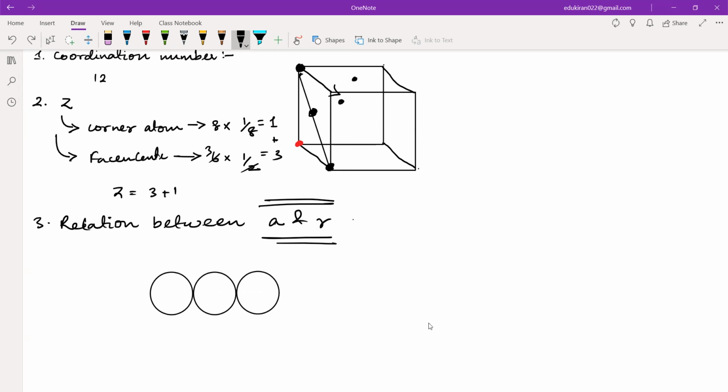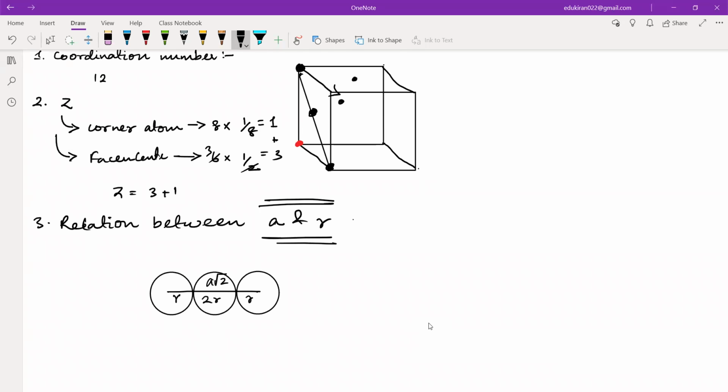Now, those who have attended the first class may remember that the face diagonal has a length of a root 2. Yes or no? This length is a root 2, right? Yes, sir. And then this is R, this is 2R, and this is again R, correct? Yes, sir.